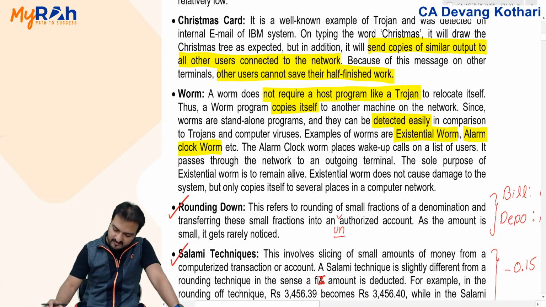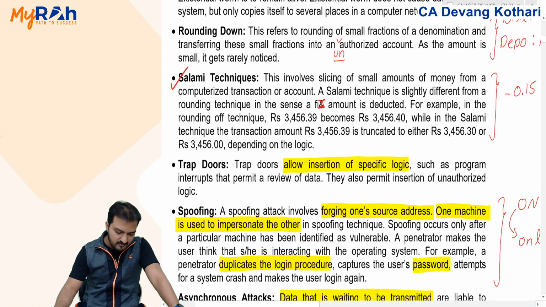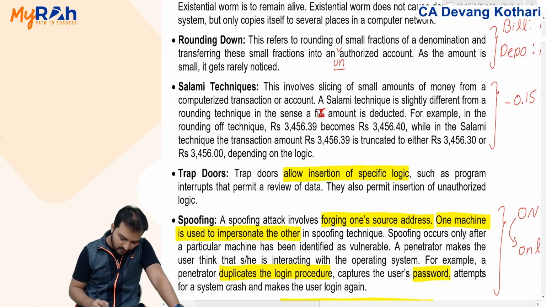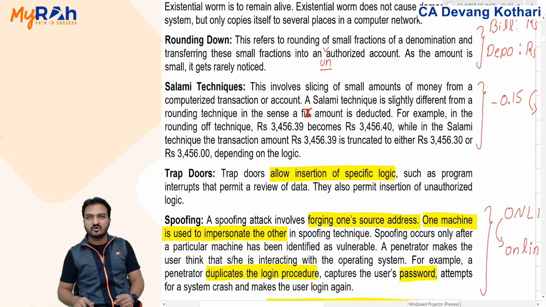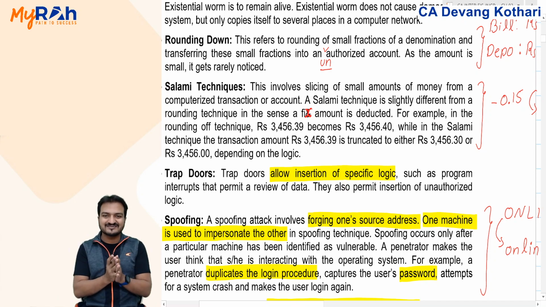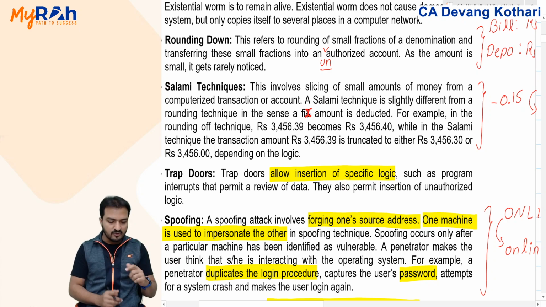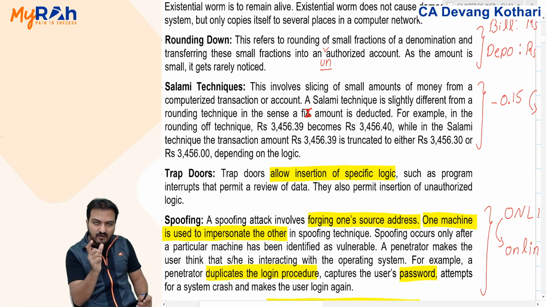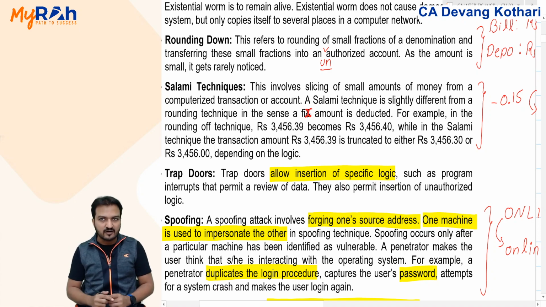Rounding down and salami techniques, we had learnt both together. Rounding down is basically a kind of error in the software, or maybe intentionally put in the software, such that whatever amounts you enter or the transaction refers to, this rounding down error will automatically round off the amount, and the fraction amount which was rounded off is transferred to some other unauthorized account.